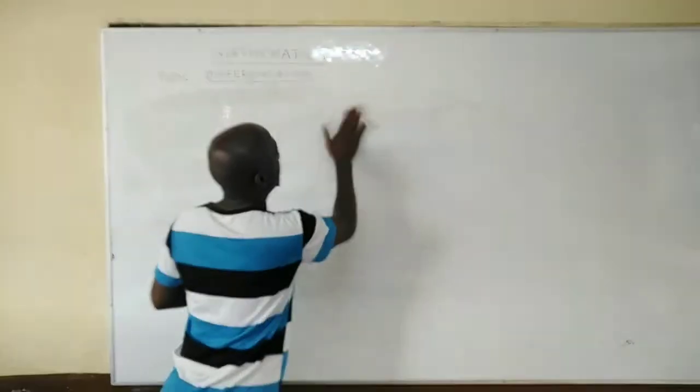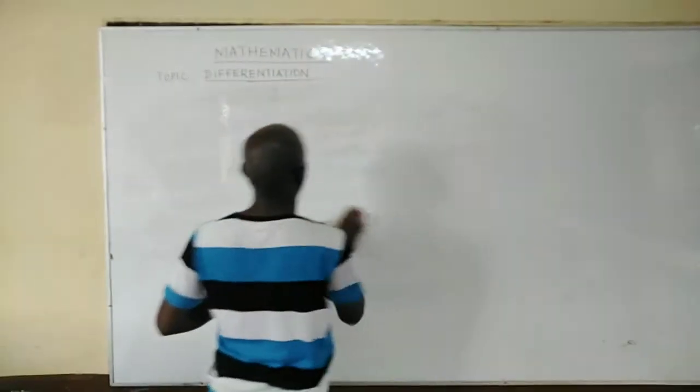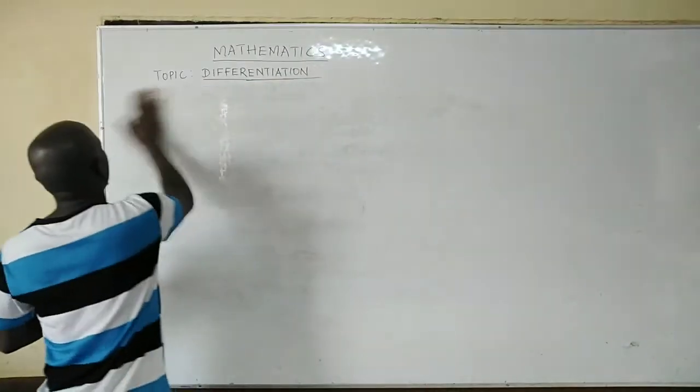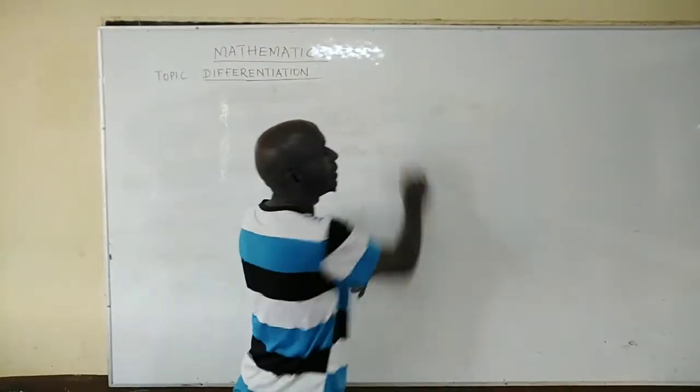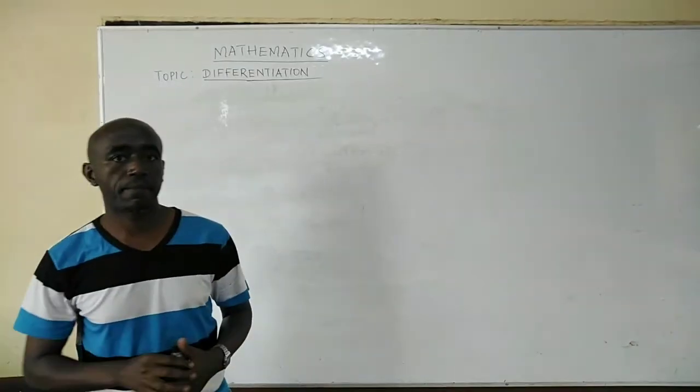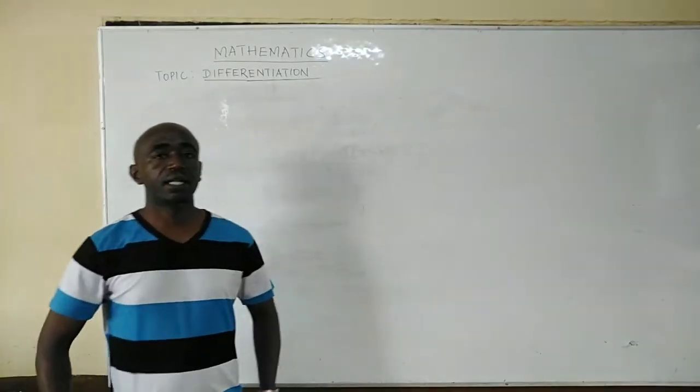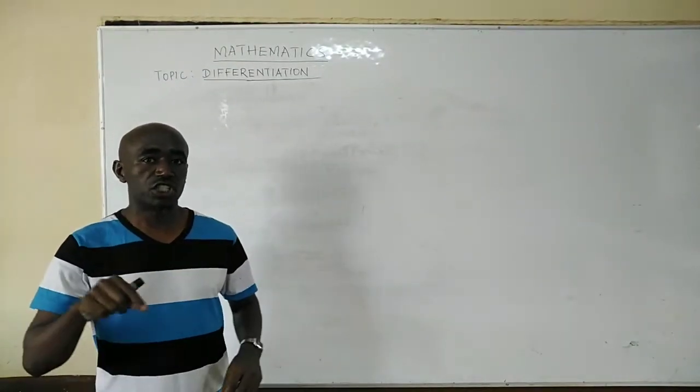Now in today's lesson, we are going to learn how to find the equation of a tangent to a curve at a particular point. Remember I said that for a curve, the gradient keeps on changing.